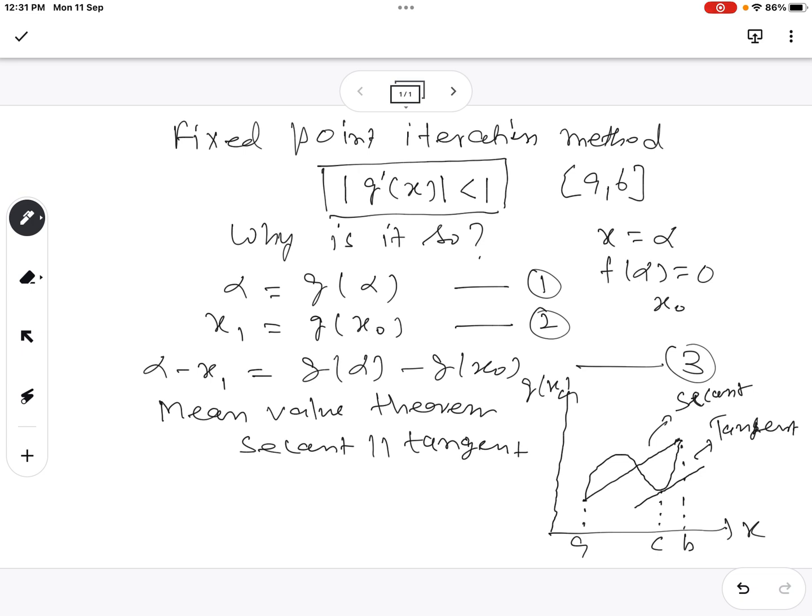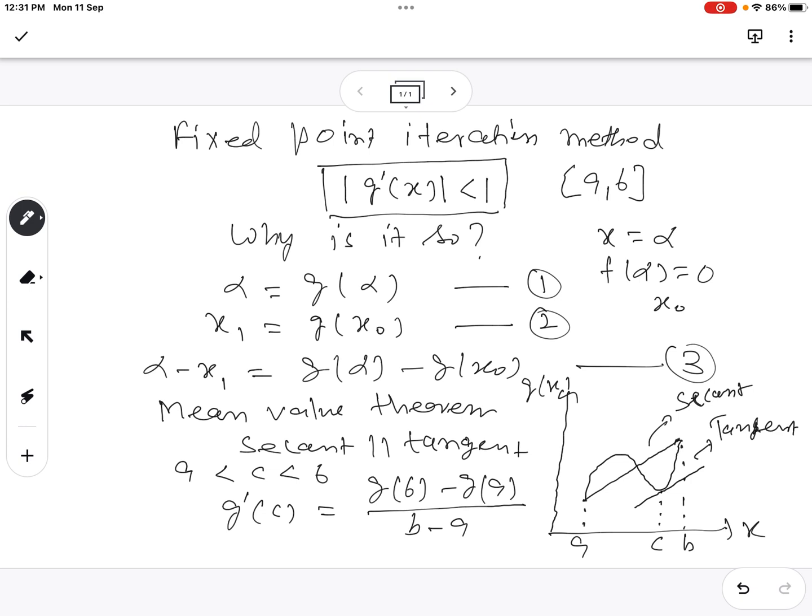Remember, there could be one point between a and b, or there could be more than one point. So it means I can write g prime at c, that is the slope at c, is equal to the change in g value from a to b when x changes from a to b.